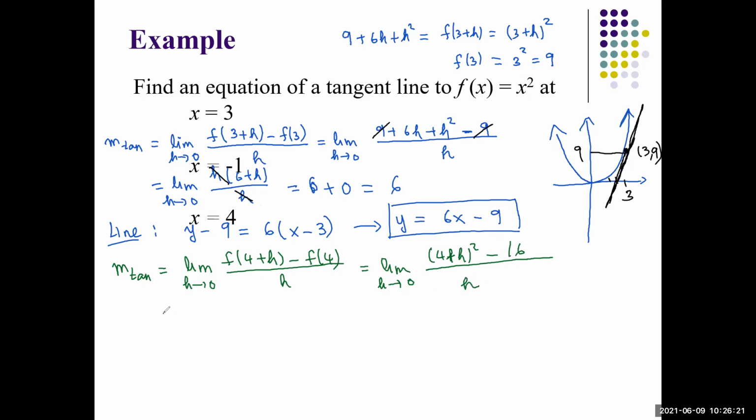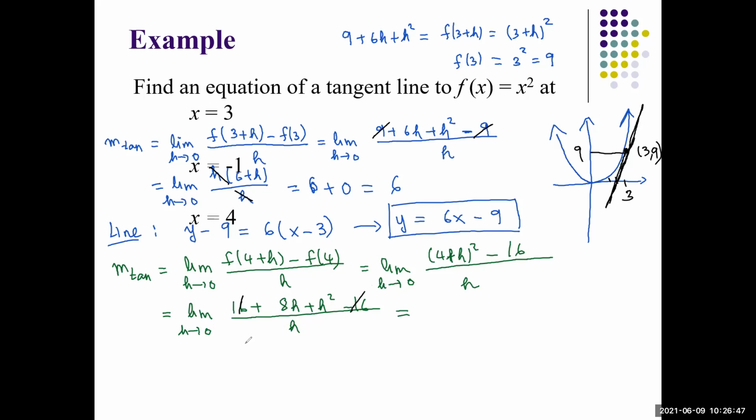And then from here, I can again just simplify. When you foil this out, that'll be 16 plus 8 times h plus h squared minus 16 all over h, and h approaches 0. Okay, and then you can cancel the 16 minus 16.